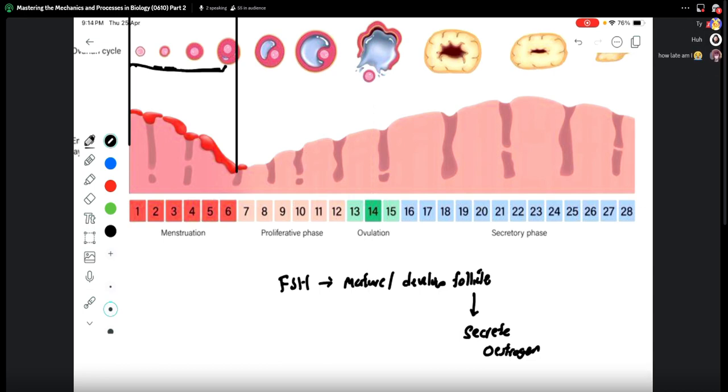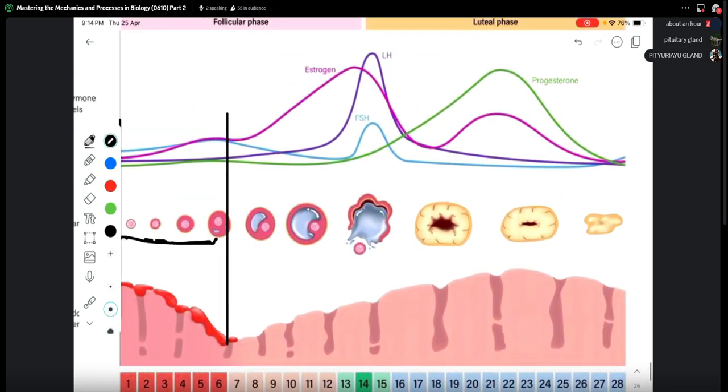Where is the FSH produced? Please tell me which organ produces FSH. Correct, the pituitary gland, located in our brain. So the pituitary gland will secrete the FSH first. The FSH will act on the follicle by maturing and developing it.